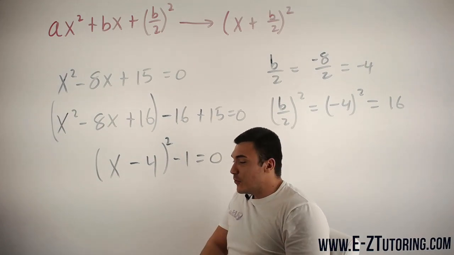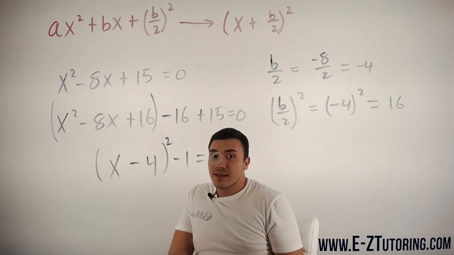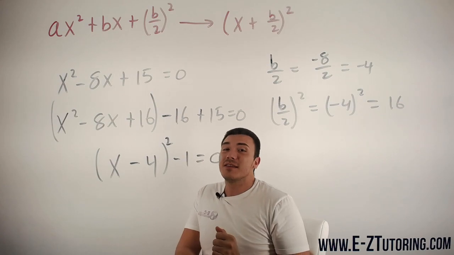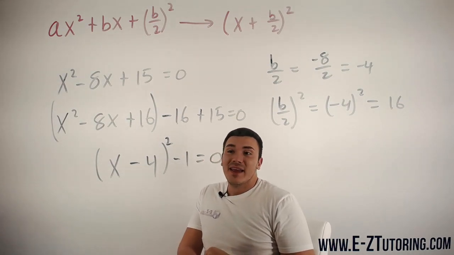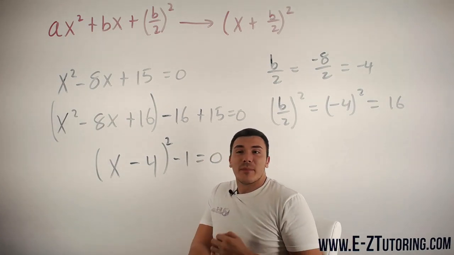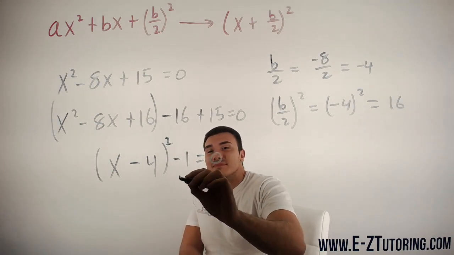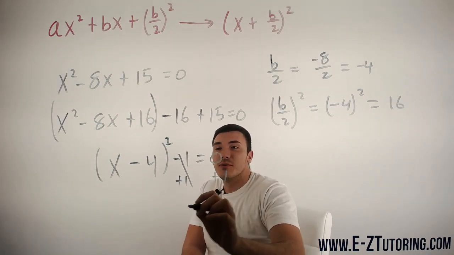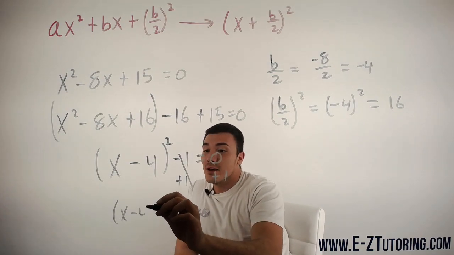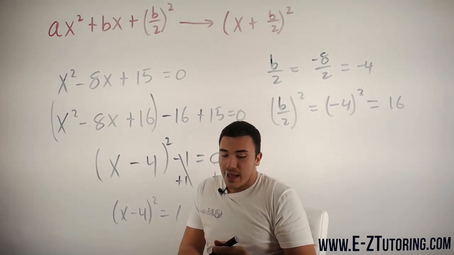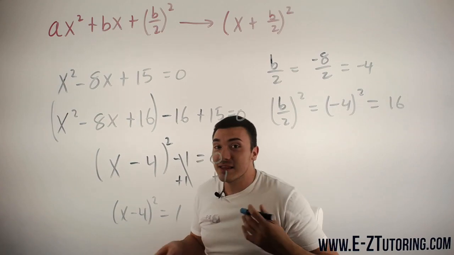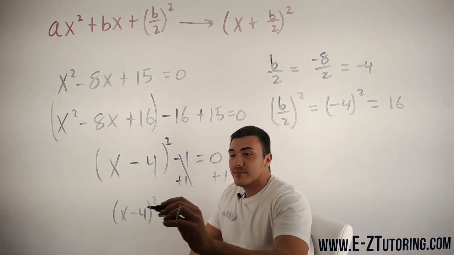Now, of course, they do want us to actually solve this by completing the square, so now you just need to use the square root property. If you're not familiar with the square root property, you can check out my video on that. But essentially all you want to do is get the square by itself on one side. And then once the square is by itself, then you can simply square root both sides.